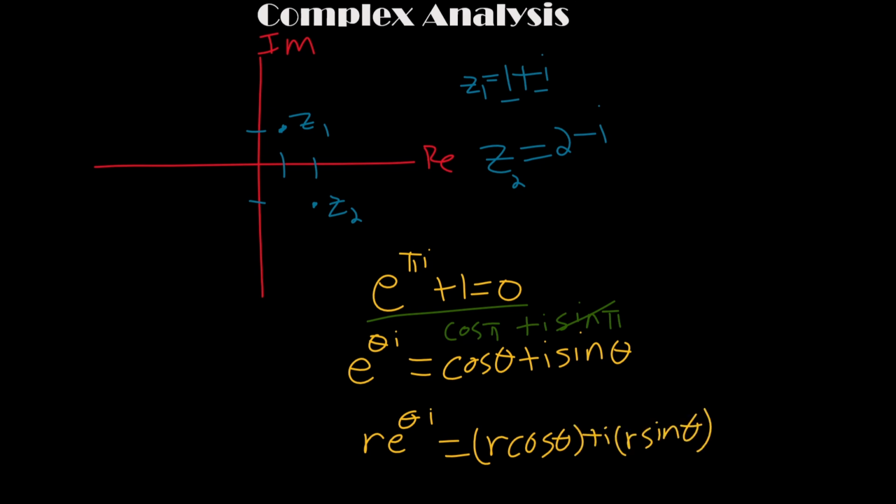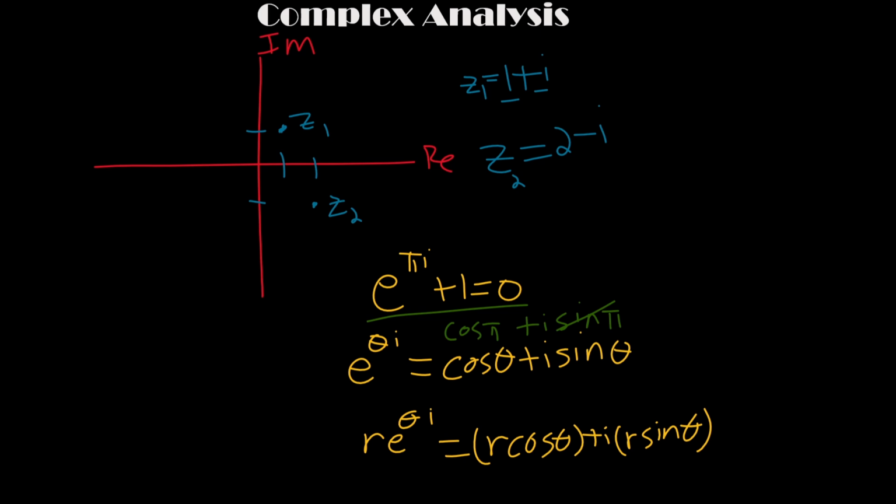This might look awfully similar to the parameterization for a circle. And that's because it really is: if you hold r constant and let theta vary, what you get is a circle in the complex plane of radius r. So that's one way to think about e to the i theta just by itself.